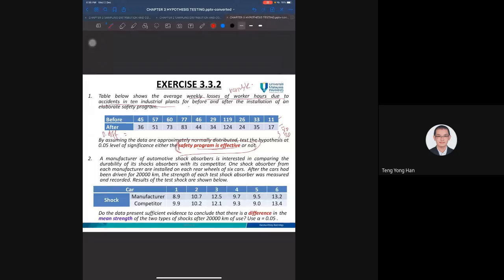How do you formulate the hypothesis here? After is less than before. How to write the hypothesis so that the safety program is effective? What happened to the variable?